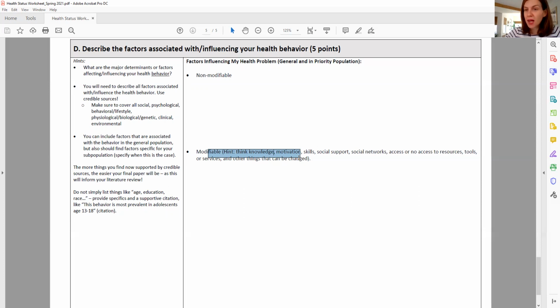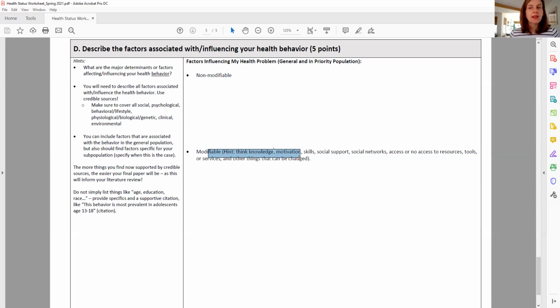Like I said, the built environment is something you can put here. This should be comprehensive. In your final paper, you're going to make a model that maps this out. So the more you can find now, the better, because you're going to use it in your final paper. Again, with citations for everything. That's really important, include the citations.